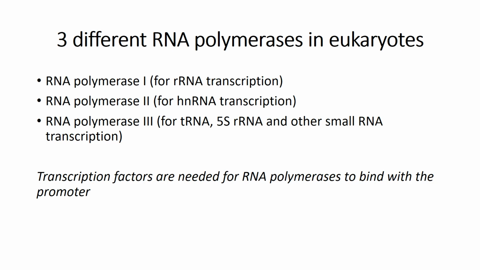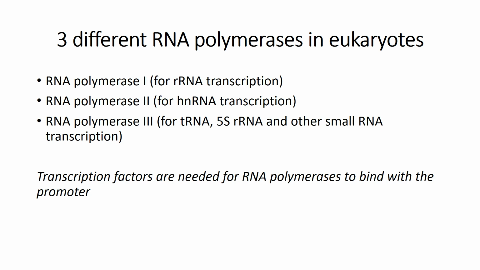RNA polymerase 2 is for heterogeneous nuclear RNA transcription, or in other words, mRNA transcription. RNA polymerase 3 is for tRNA, 5S rRNA, and other small RNA transcriptions.